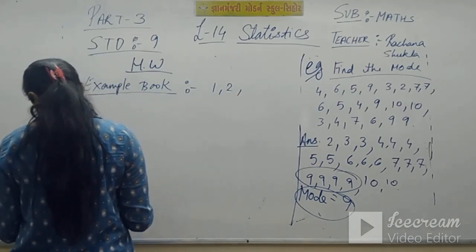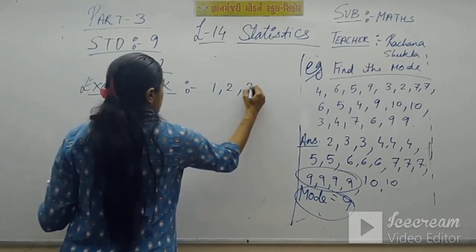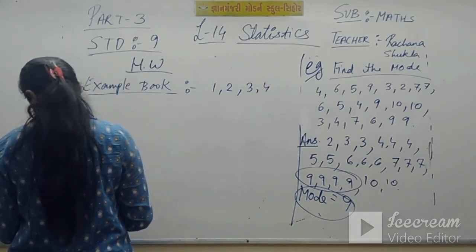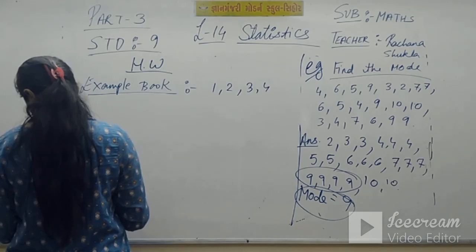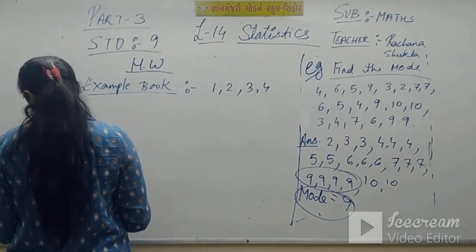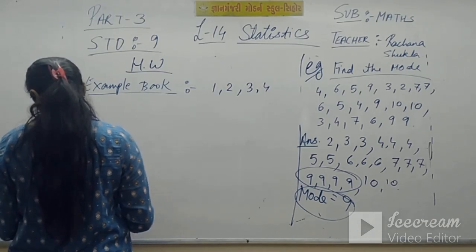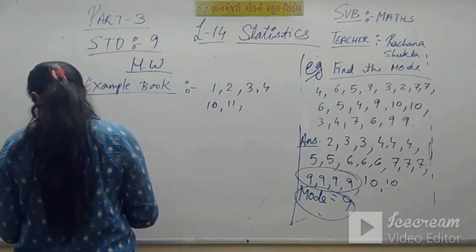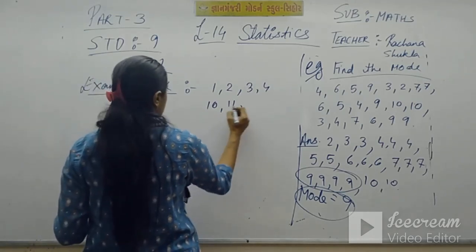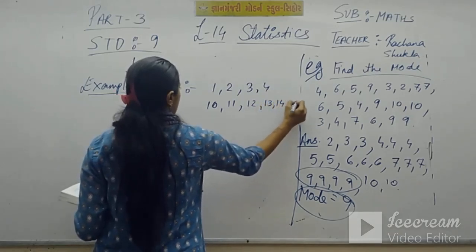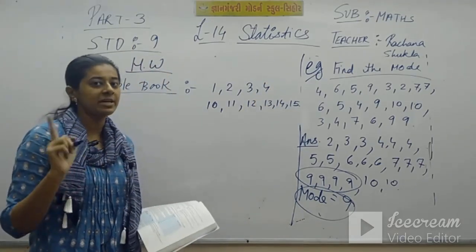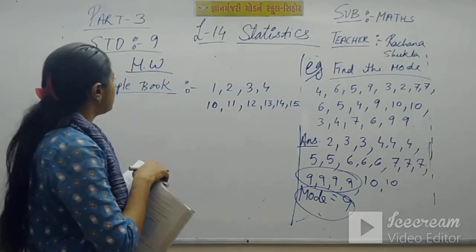Example 1, 2, 3, 4, 10, 11, 12, 13, 14 and 15, because other examples, that is from 5th to 9th example, are of graph that we will do afterwards when school reopens.